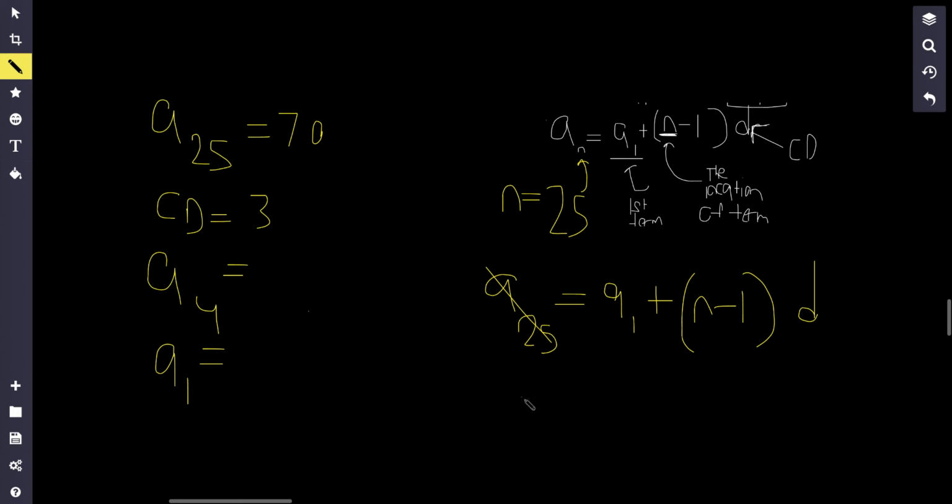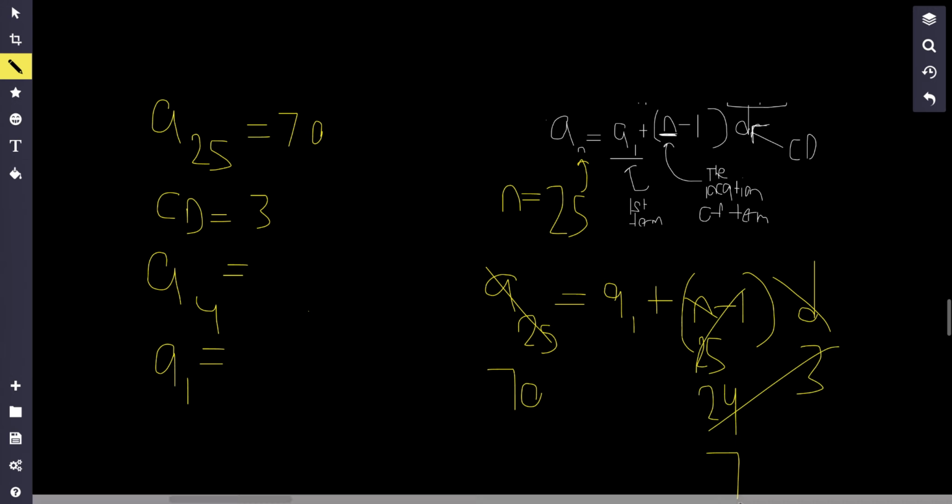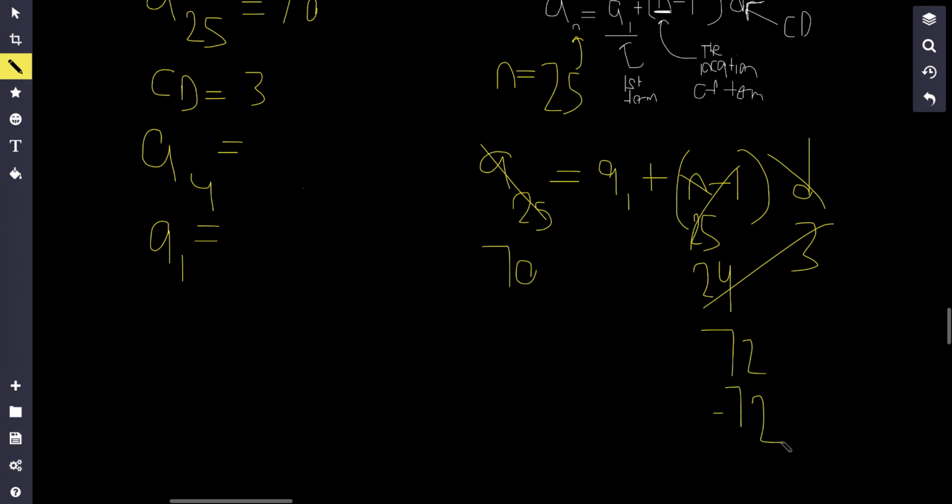We know our 25th term is 70. We know our n value is 25. We know our common difference is equal to 3. 25 minus 1 is equal to 24. 24 times 3 is equal to 72. And if I subtract 72 from both sides to isolate a sub 1, I'm going to get that a sub 1 is equal to -2.